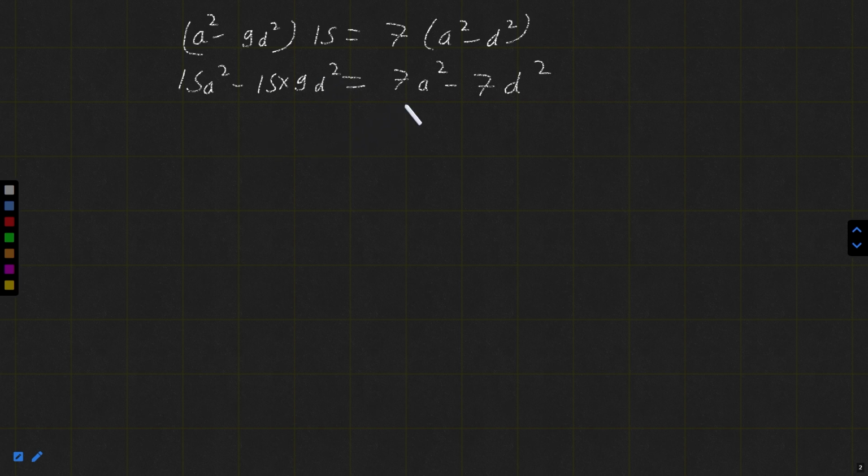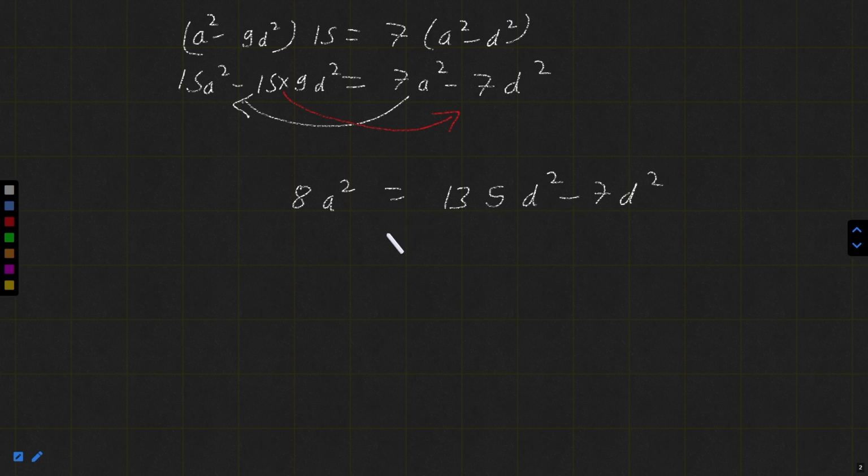Now simplify. Taking the a square terms to the left, I will be remaining with 8a square. Now taking the d square term to the right, I will be remaining with 9 times 15. Sorry, 9 times 15 is 135d square, minus 7d square.